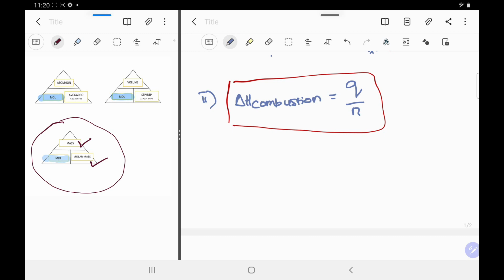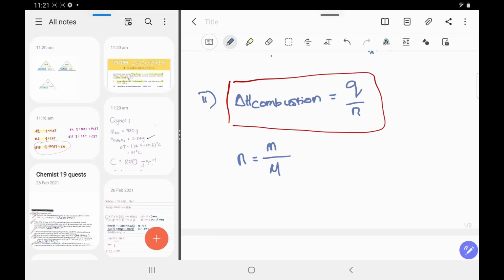In order to find mole, we need to divide mass by molar mass. So mole equals mass over molar mass, right?